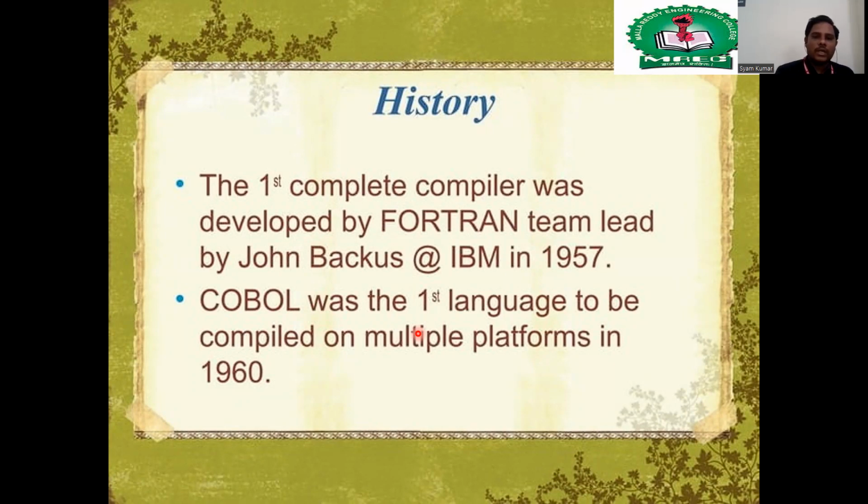COBOL is also there. This is the first language to compile on multiple platforms. Previous languages were used on a single platform, whereas COBOL is used for multiple platforms. There are n number of platforms, and on any platform it will work. So that's why the first multiple platform compiler is COBOL.